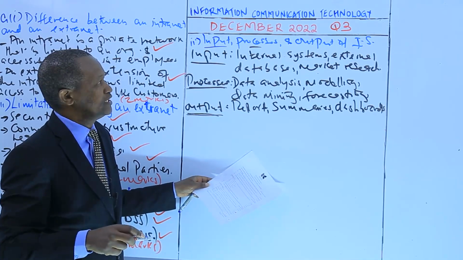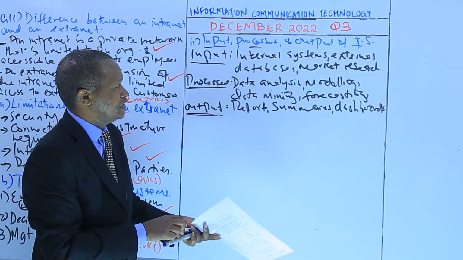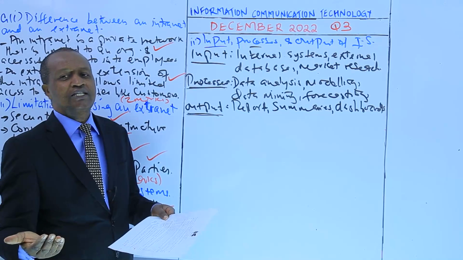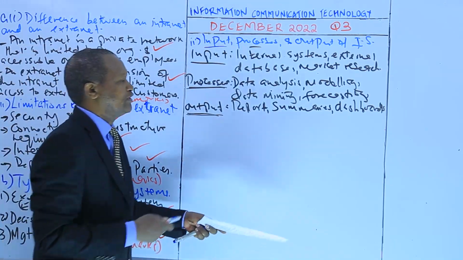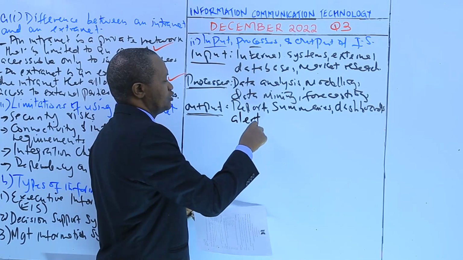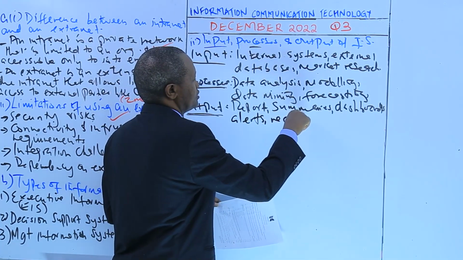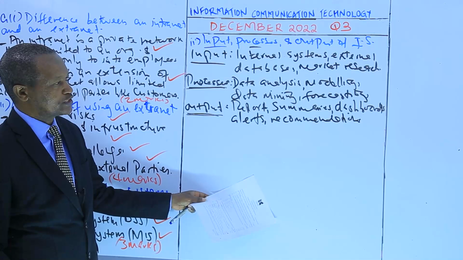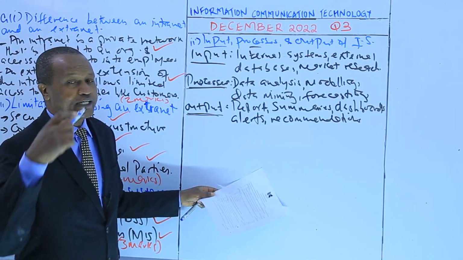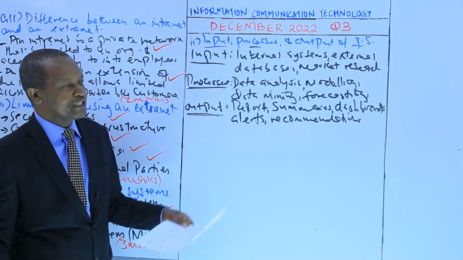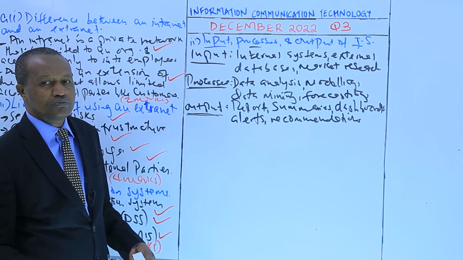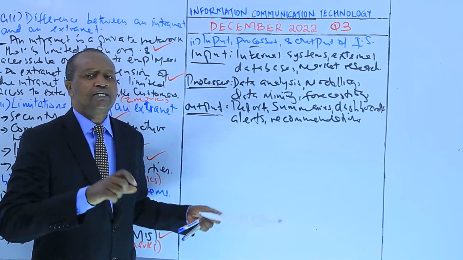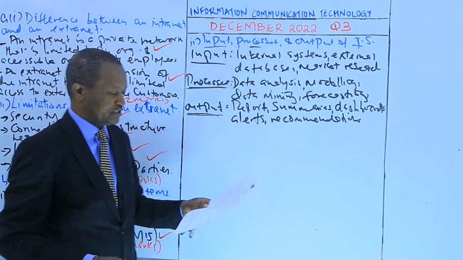Because the purpose of collecting data, the purpose of an information system, is to enable management to have the tools that are required to make decisions, to make recommendations, to have alerts. These are all outputs. Reports, summaries, dashboards, recommendations, strategic plans, and so on. And these outputs support decision making and management's activities.